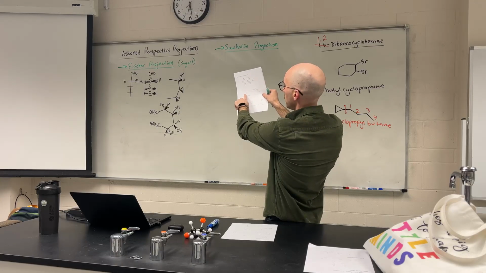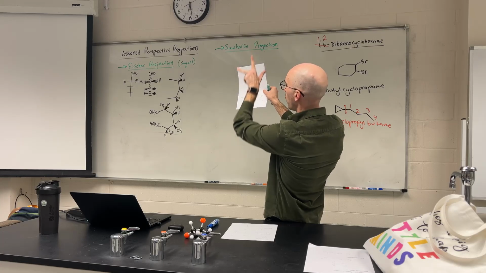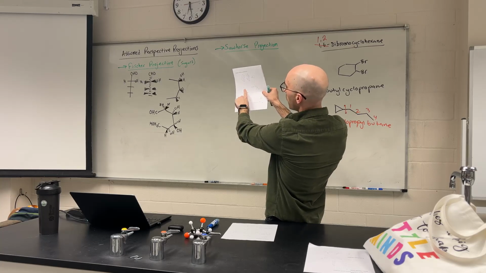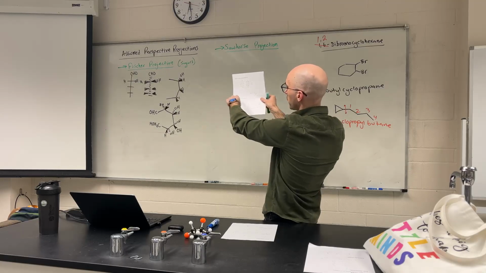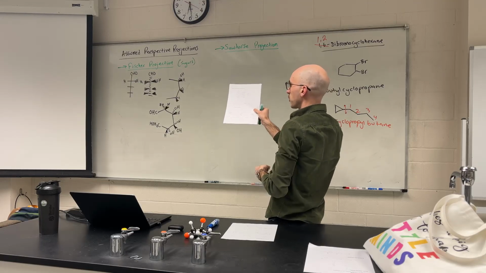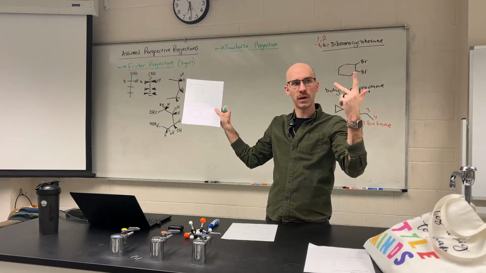On the left, the front carbon has three groups with one group oriented straight up. The back carbon has the three groups with one group oriented straight down. The structure on the right has both carbons oriented with one group straight up.